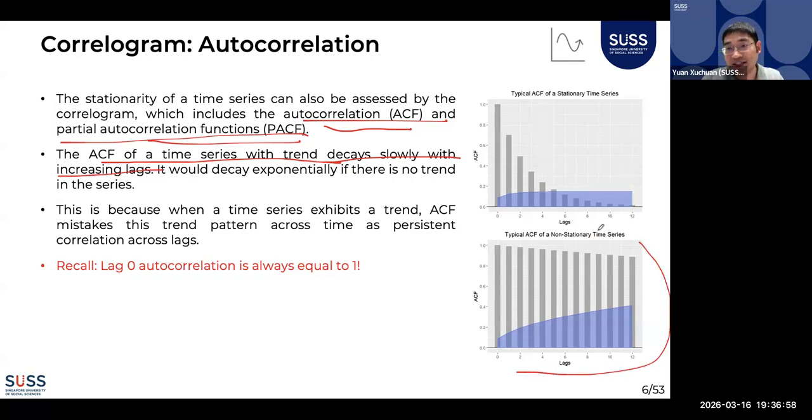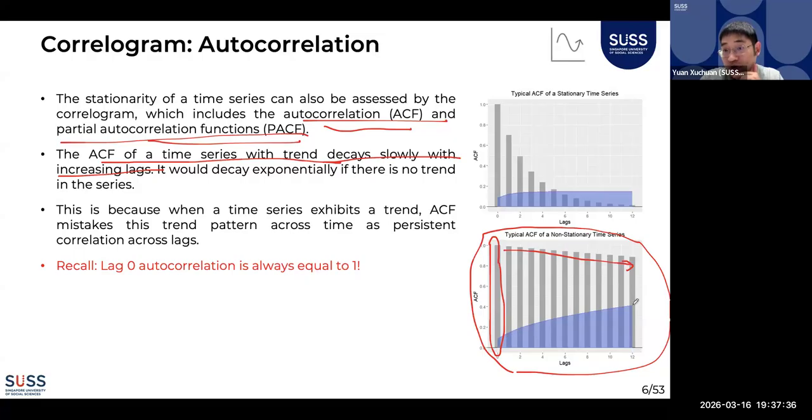You look at the ACF, with the lag increasing from 1 to 12. Remember, if the lag is 0, the autocorrelation function always equals 1. And from 0 to 12, the autocorrelation function decreases slowly, but is significantly different from 0, right?